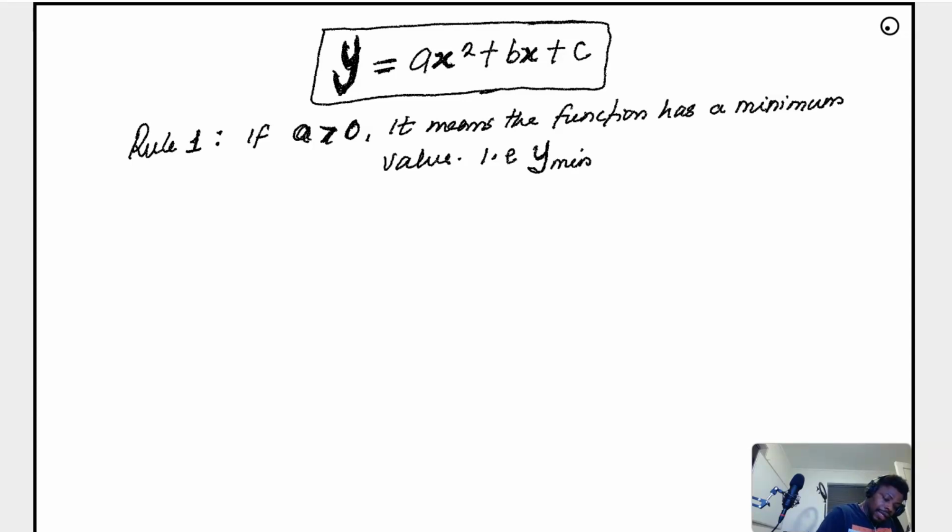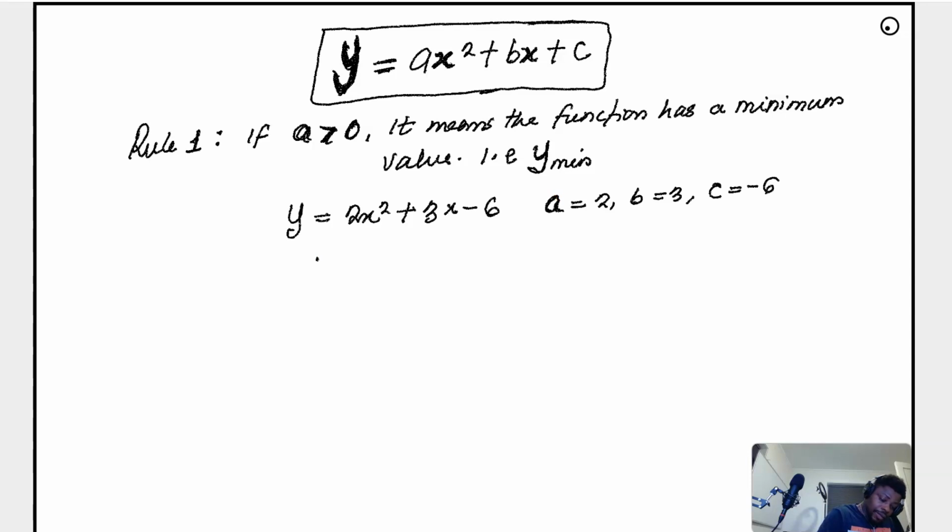So for an example, if I have y is equal to 2x squared plus 3x minus 6. In this case here, what is our a? Our a is 2, our b is 3, and our c is minus 6. So what is a? A is 2.